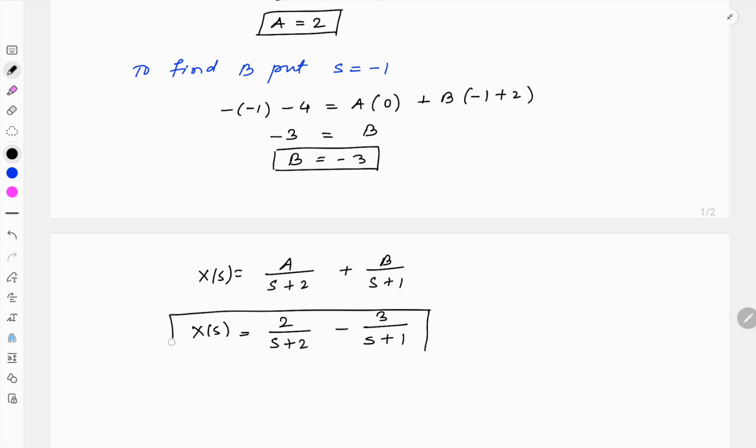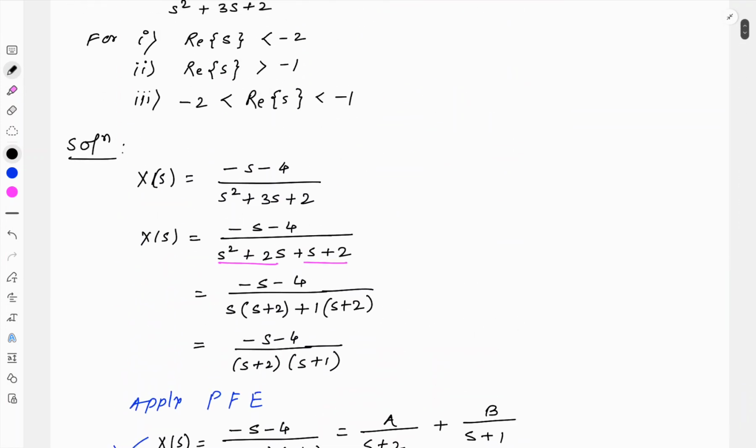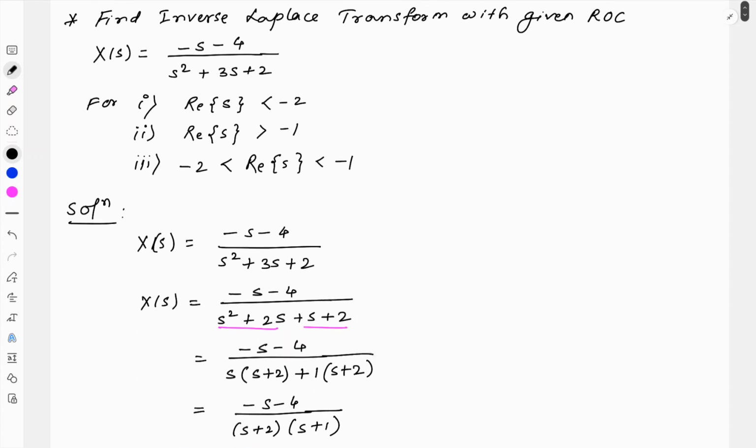Now we are supposed to find out the inverse Laplace transform, but in this particular numerical the conditions are given. If it was a simple numerical, straight away we would have applied the standard results and gone for the answers.